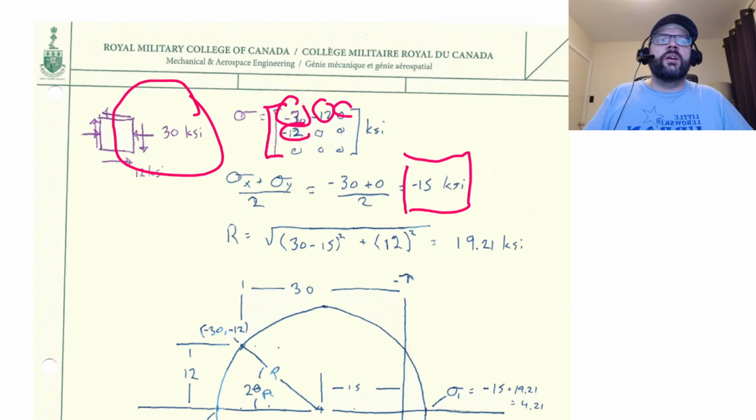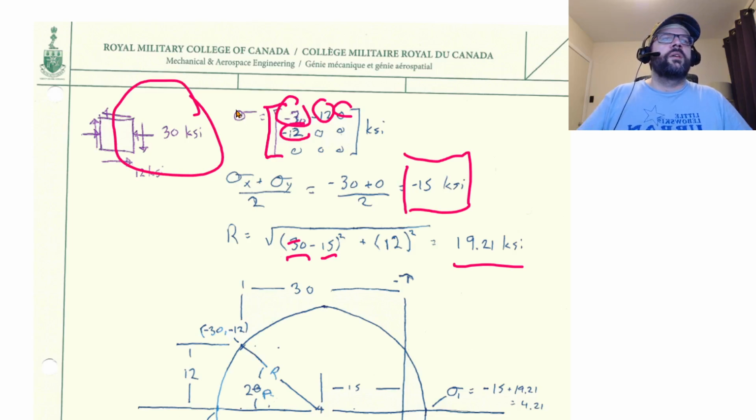So the radius is based upon the x and y distances from the center that we previously calculated. The x distance is 30 minus the 15, squared, plus the y distance, which is just the 12 squared. That gives us 19.21 ksi.